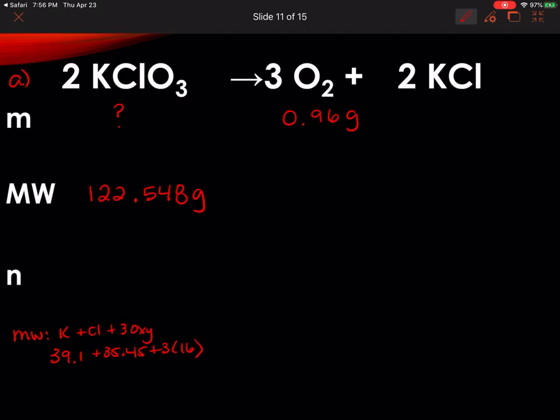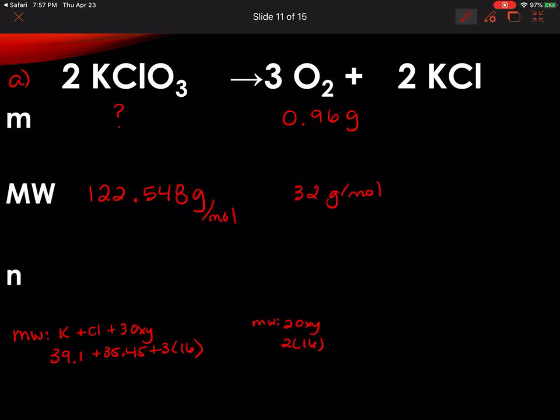We're going to use those in the ratio later. Okay, so that's how I got that. So normally in order to find the mass of potassium chlorate, you would need the moles, which we don't have right away. So that's where this oxygen mass and the mole amount can come in useful.